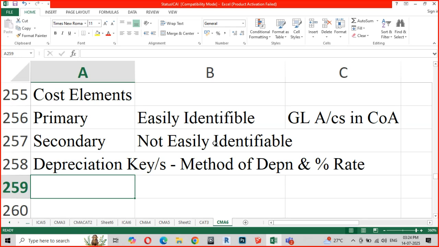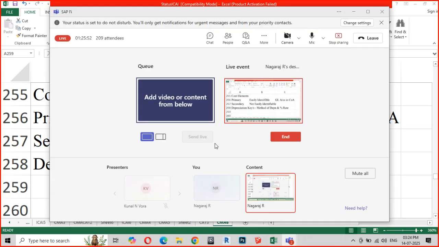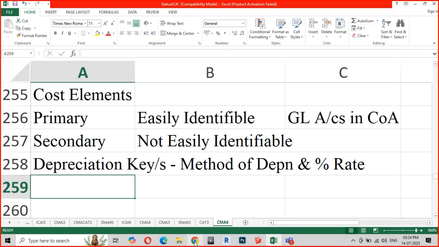So it is only how asset accounting is being brought into SAP, and what you need to understand about how SAP is doing things. That is all you need to understand. Clear? Now, let me go back to the slides.